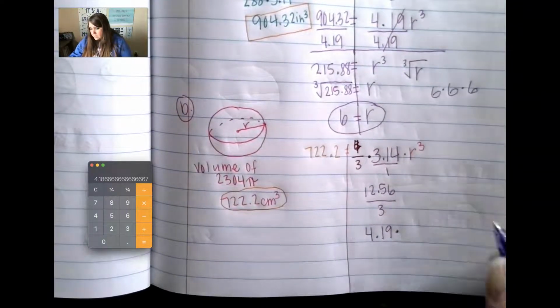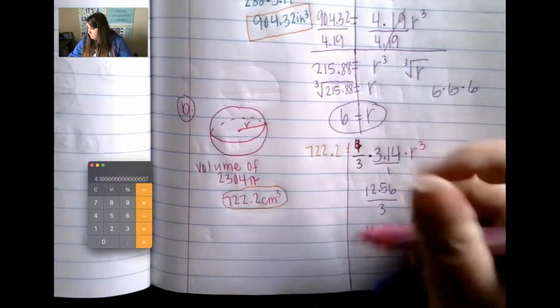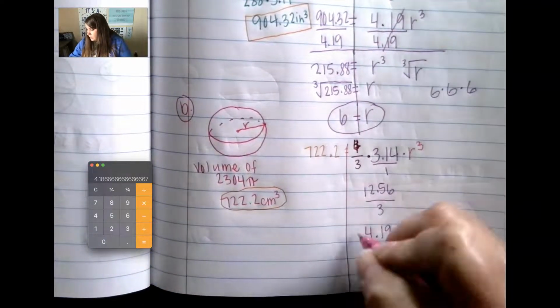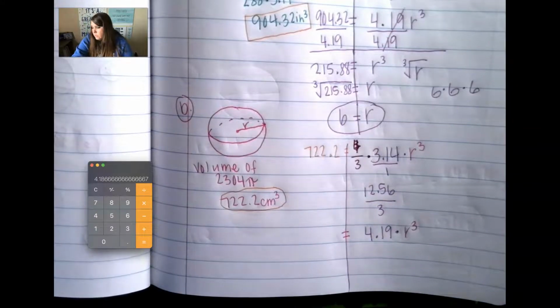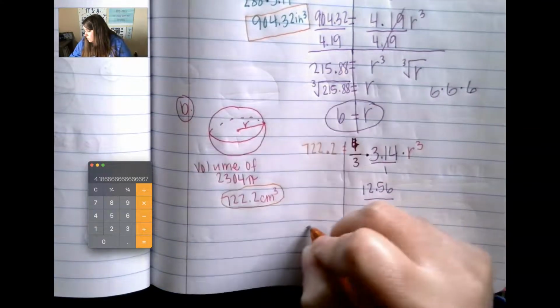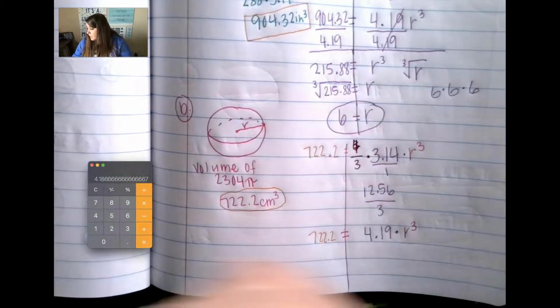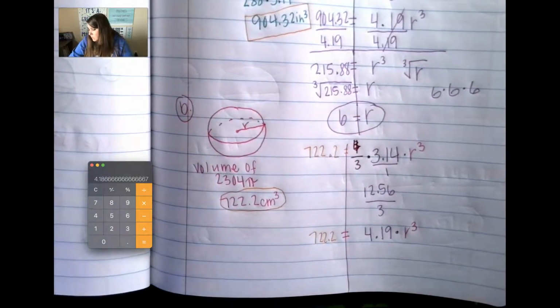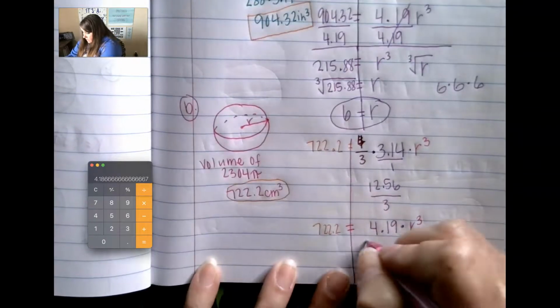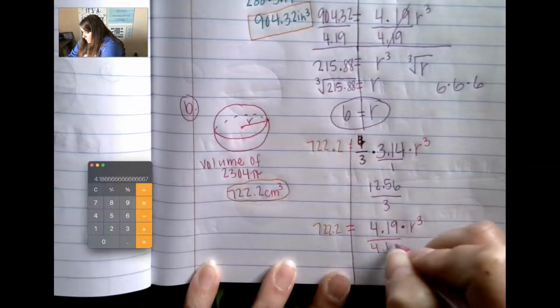And that is again times r cubed. And we know the 722.2. Okay, now we're going to isolate the variable, so we need to solve for r. So I'm going to divide by 4.19.